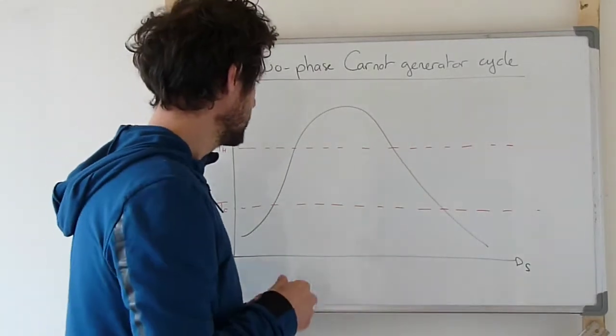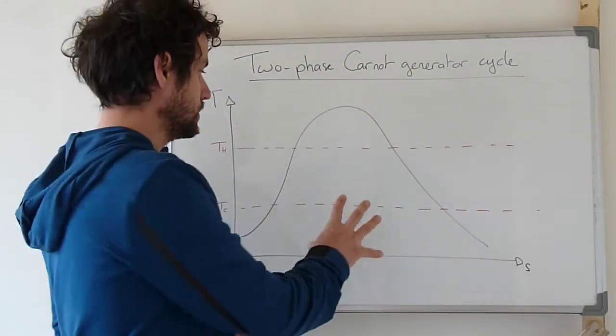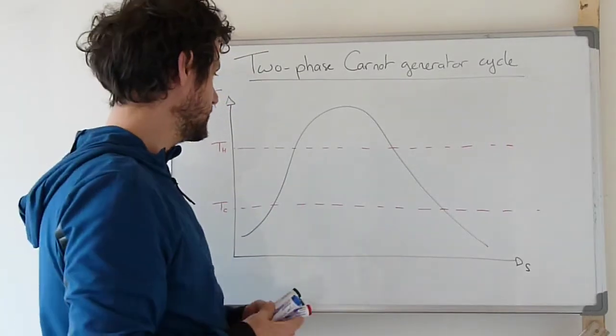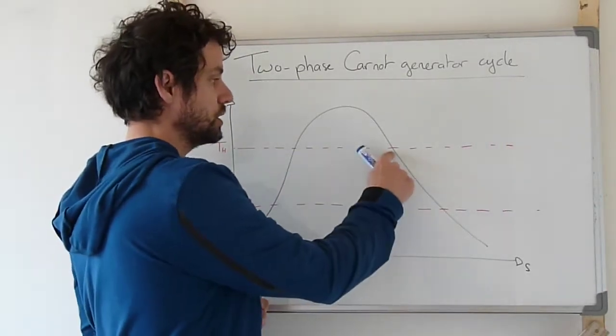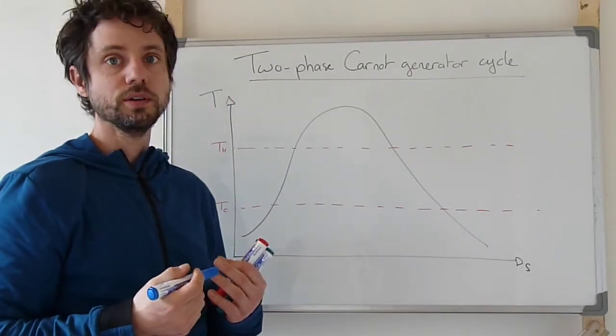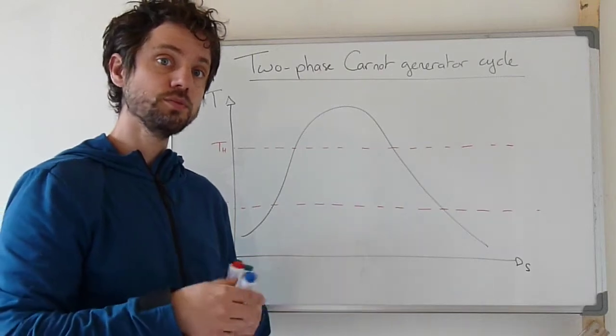And inside the two-phase zone, so here, under the saturation curve, these lines of constant temperature correspond also to isobaric lines, so lines of constant pressure.